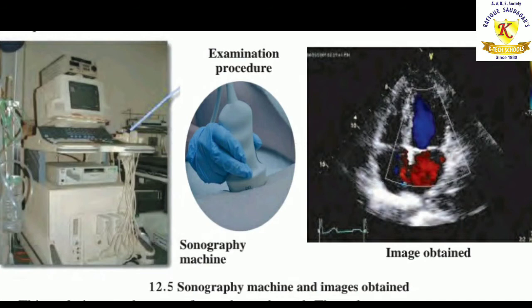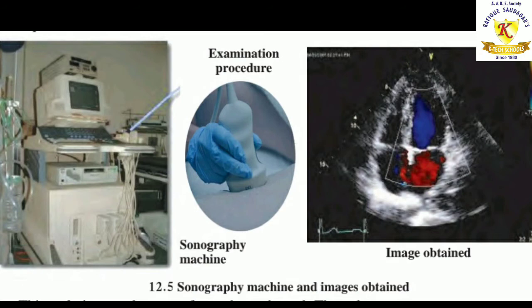So children, as this method is painless, it is increasingly used in medical practices for correct diagnosis. So this is how ultrasounds are used in sonography. And as you can see here, the probe.